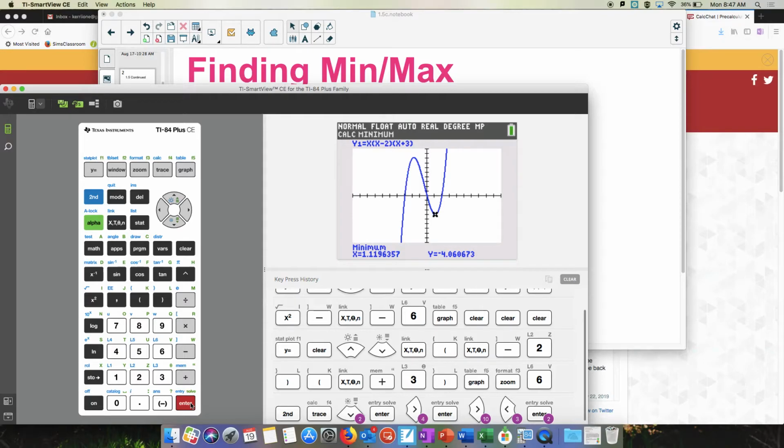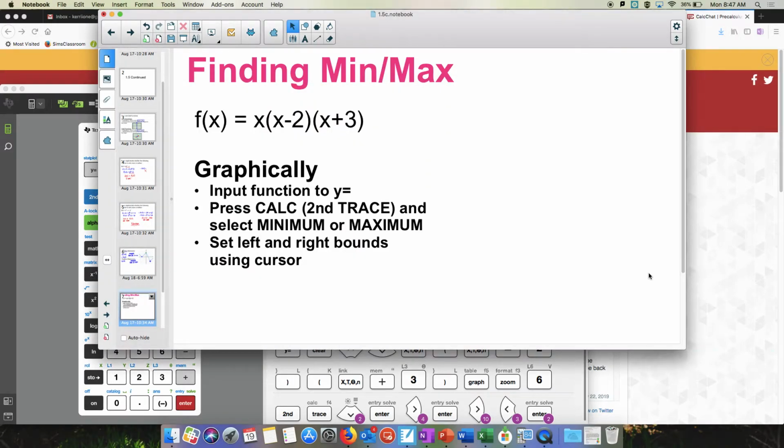So if you want to make some notes like y equals put in function, second trace is the calculate menu, left and right bounds, okay? You can write down any little hints that you need to. I'll give you about 1 minute, and then we're going to find the zeros with our calculator. Okay, please call me over if you have a question or you're having issues finding the maximum.